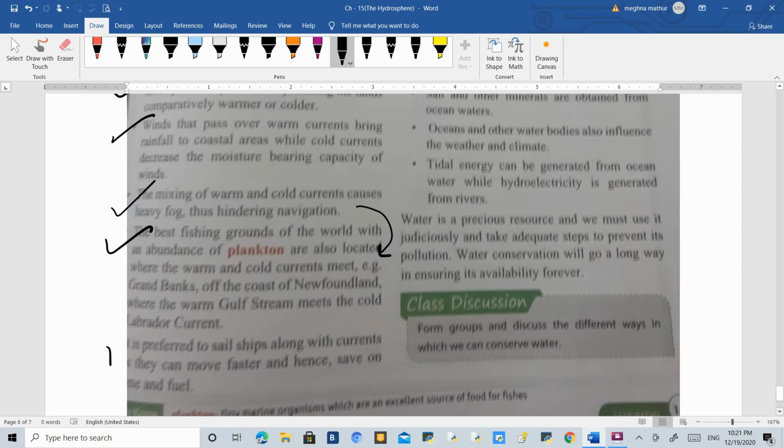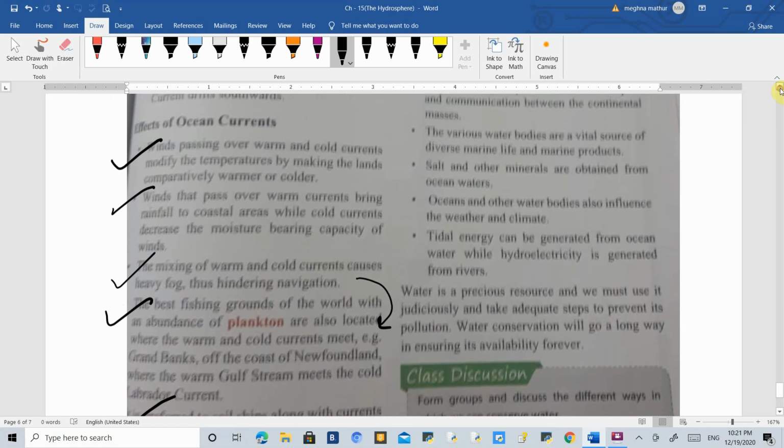And finally, the current is one of the power resources, and we can tap the energy. It also helps in saving time and fuel, because when the current is moving, and if the ship keeps on sailing in the same direction, it will help the ship save time and fuel due to the movement which is automatically done by the current. So these are the effects of ocean currents.